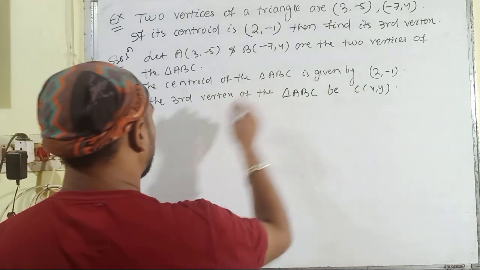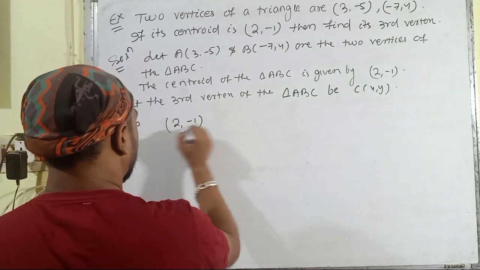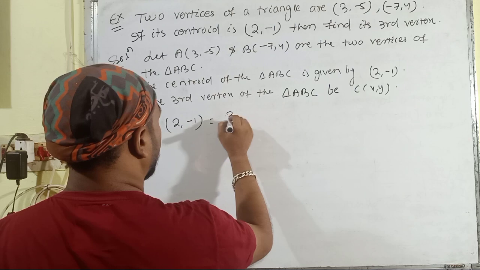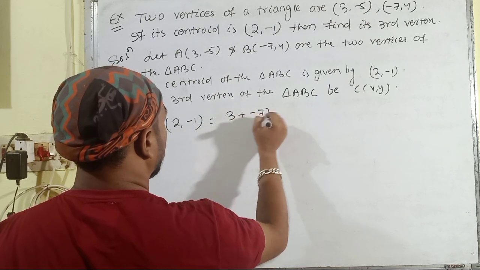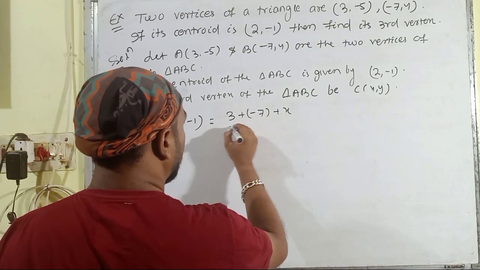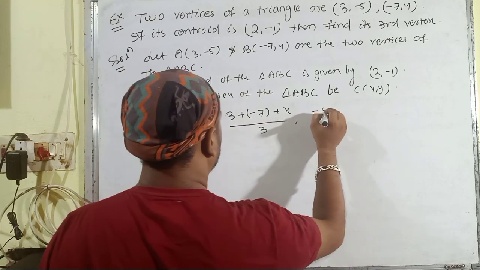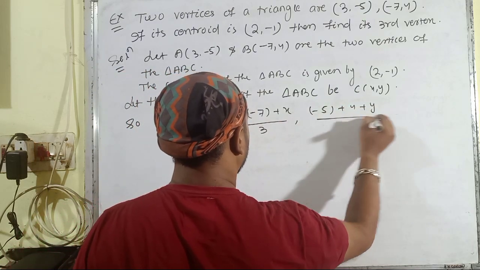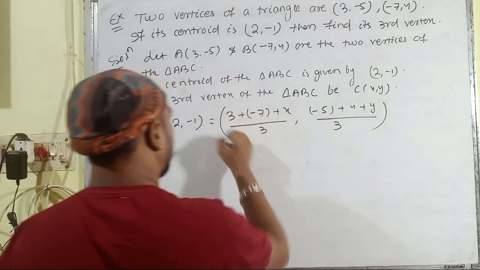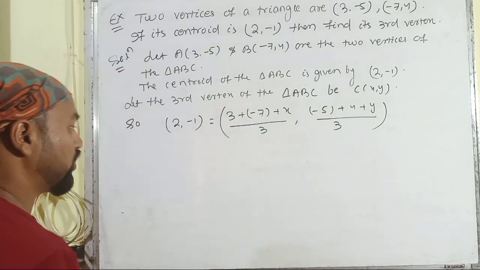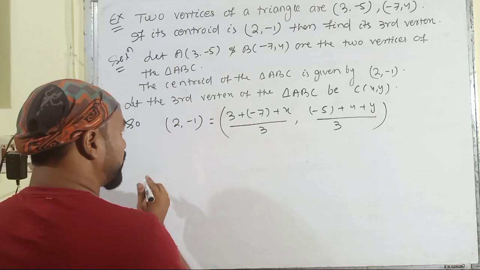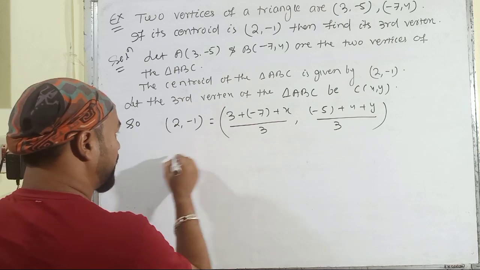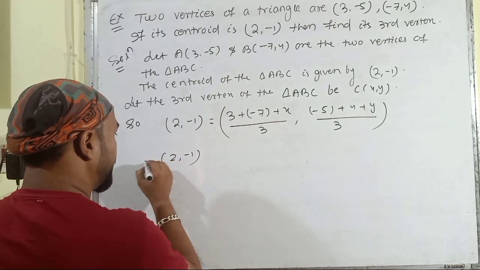So the centroid is (2, -1). So (2, -1) is equal to ((3 + (-7) + x) divided by 3, (-5 + 4 + y) divided by 3). Just by equating both of the ordered pairs, first of all let us solve it.